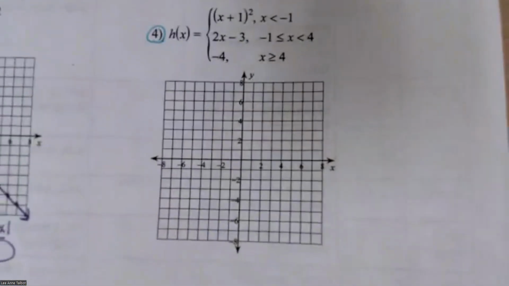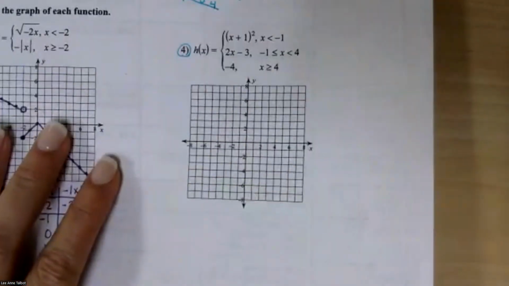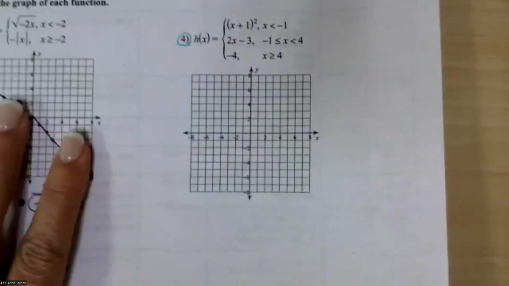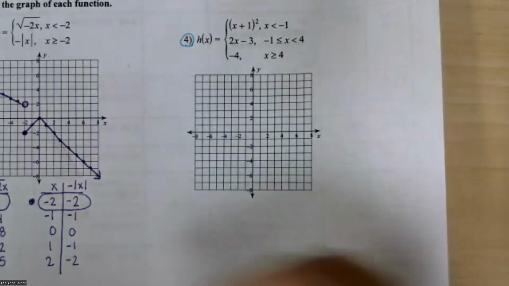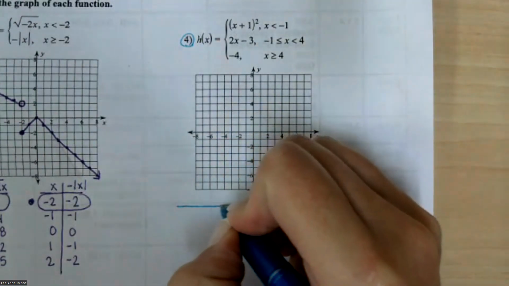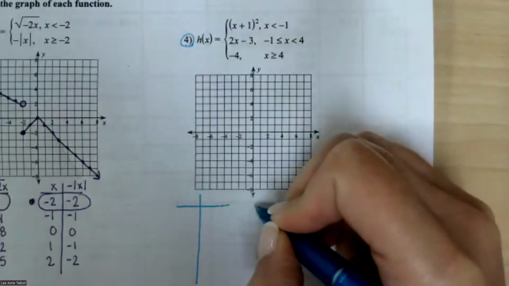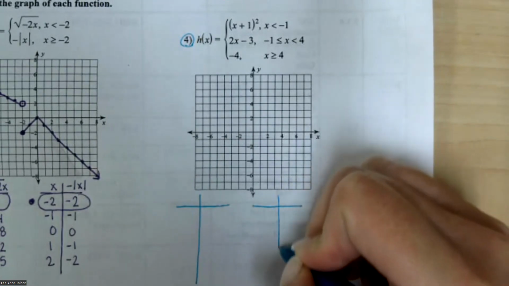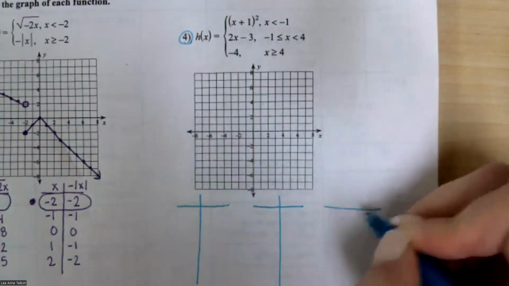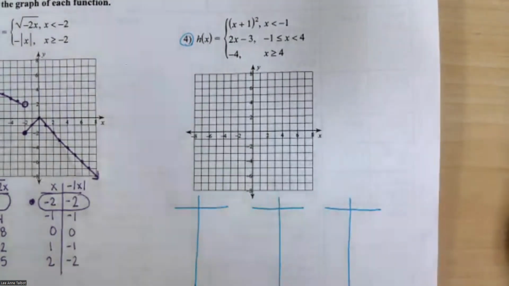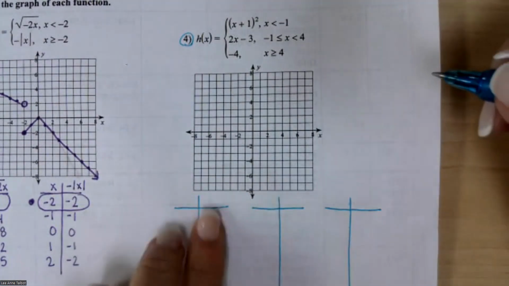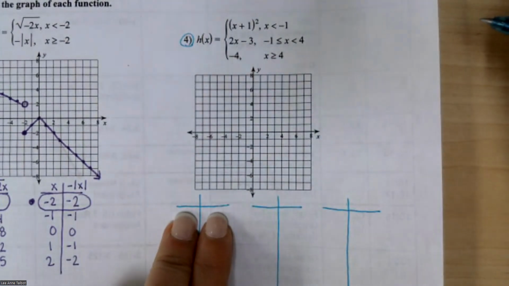Piecewise function. How many pieces are in this piecewise function? 3. So how many tables? 3. And what is going to be at the top of the first table?